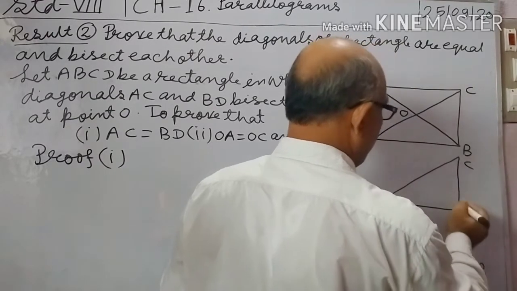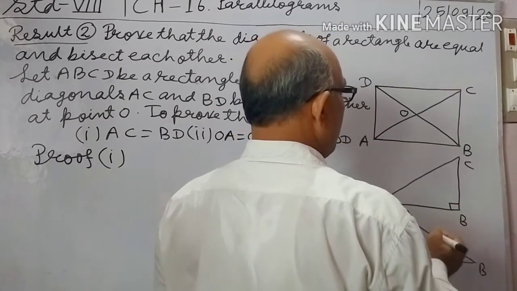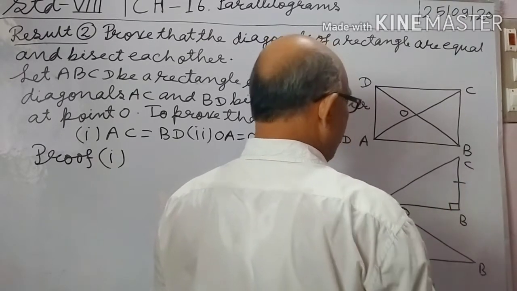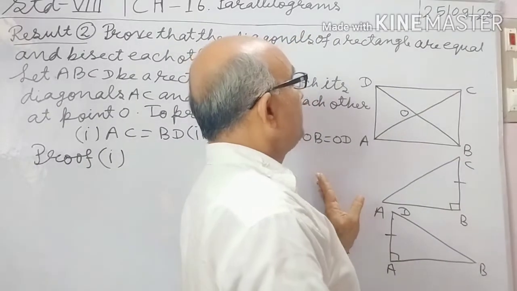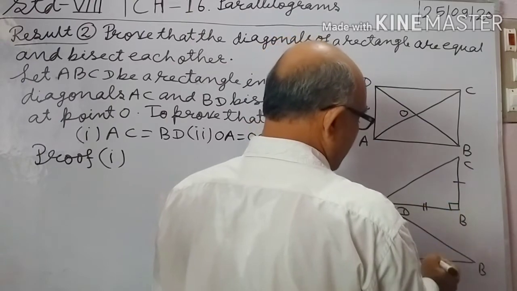Angle B equal to angle A, right angle. BC equal to DA, because a rectangle is also a parallelogram, and opposite sides of a parallelogram are equal. AB equal to AB, common.